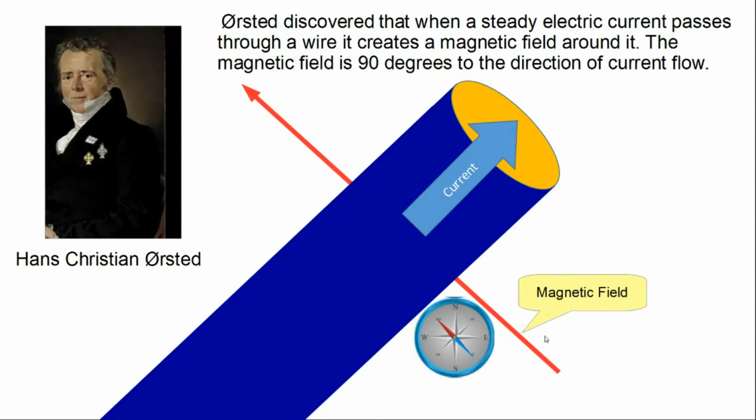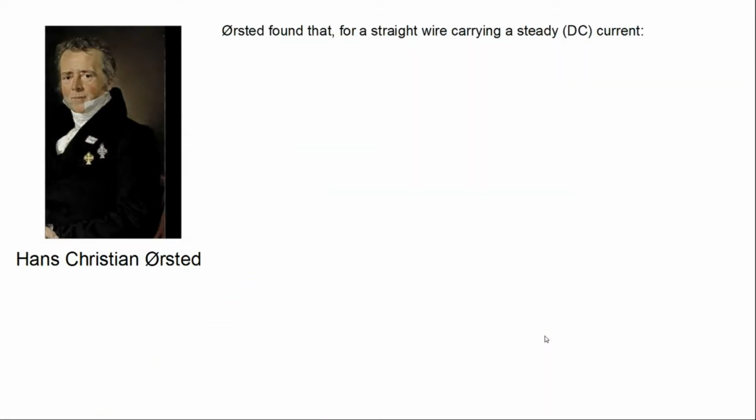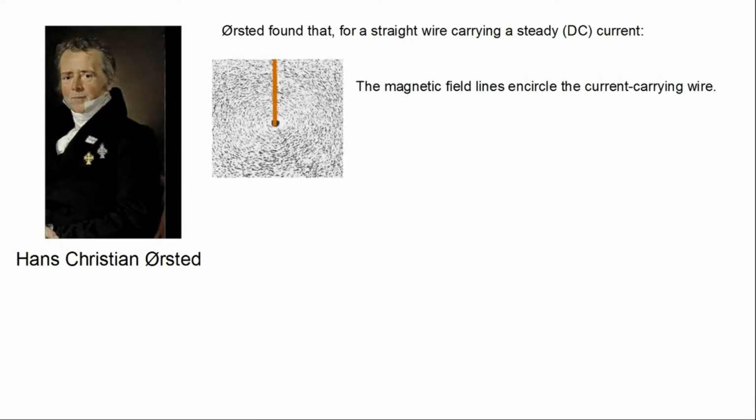And he got very, very interested in this relationship and devoted quite a bit of time to studying it. So he, in his studies, found four basic principles that we're going to look at here. Number one is the magnetic fields that was created was actually circles that were around the conductor.